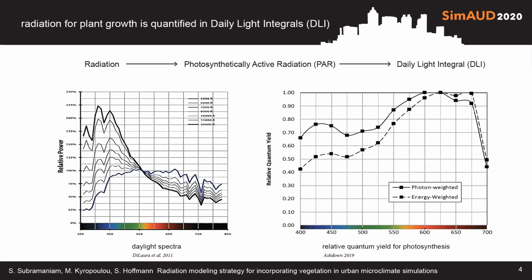So if the light source is artificial, then the DLI value will almost be constant because the spectrum isn't changing. But as you see from the image on the left, the spectrum of daylight depends on the color temperature, and the color temperature of daylight would vary as per the season and region where it's being measured and where it's being collected.